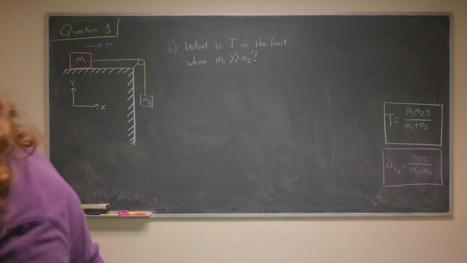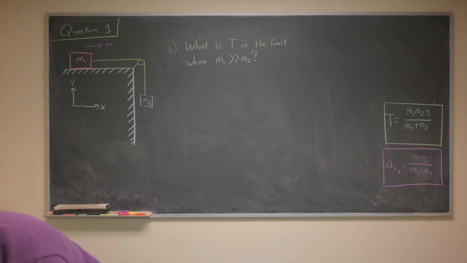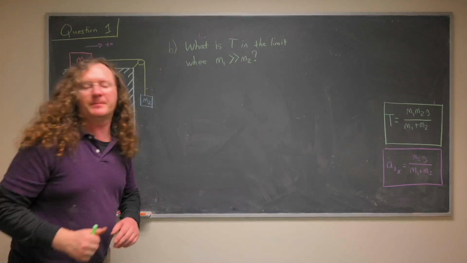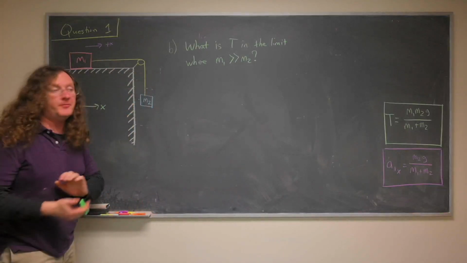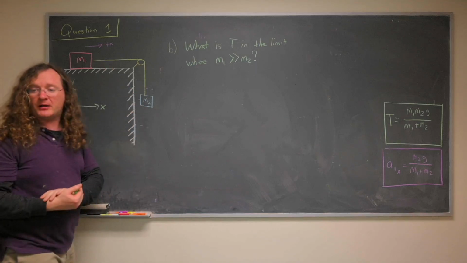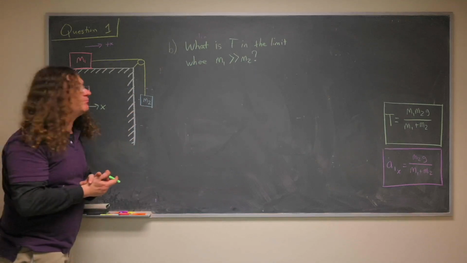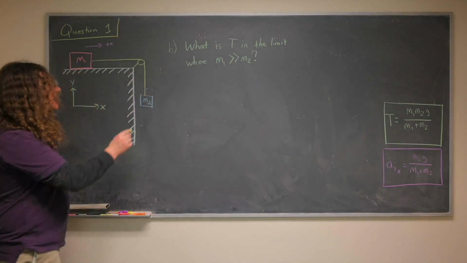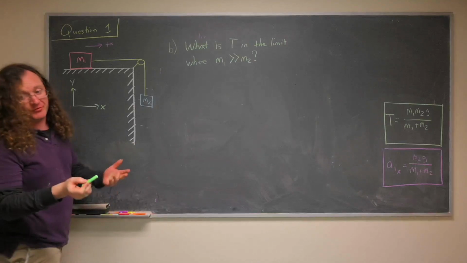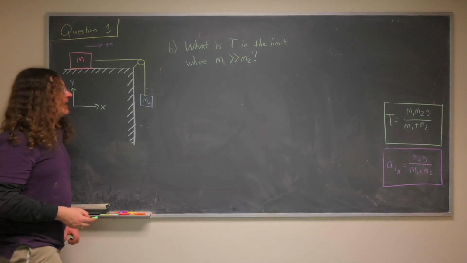And my computer went to sleep. Give me just a minute. Yep, it's still recording. If I attach a feather to the brick, nothing's really going to move. And that means that m2 is just suspended by a string, and the tension in that string, since it's not moving, ought to be equal to its weight.